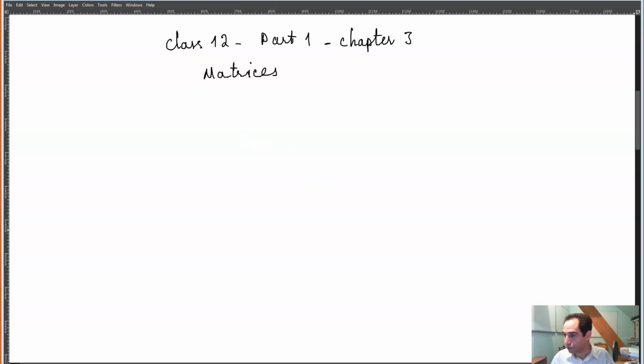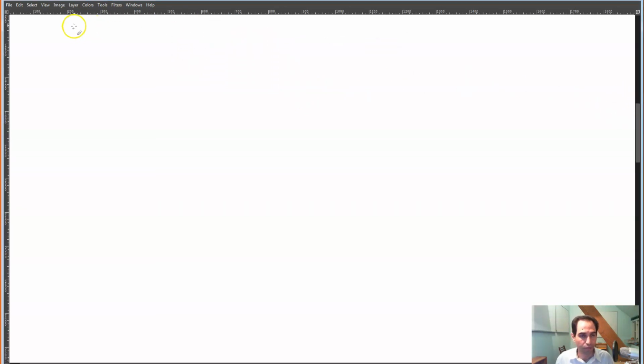Now, in order to motivate the concept of matrices, we will do a couple of examples. Suppose you wish to express the information that Radha has 15 notebooks.